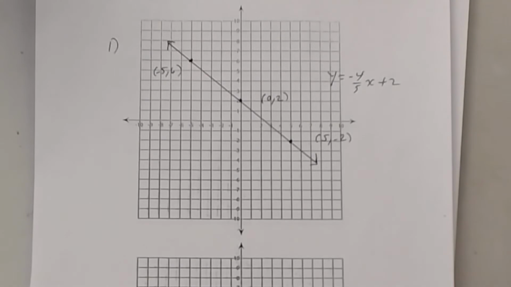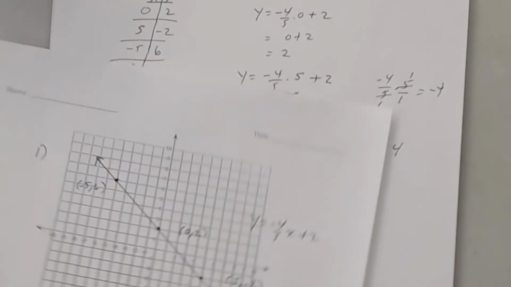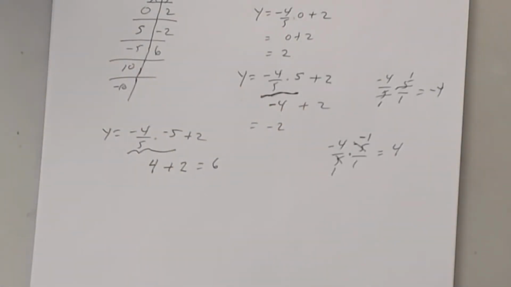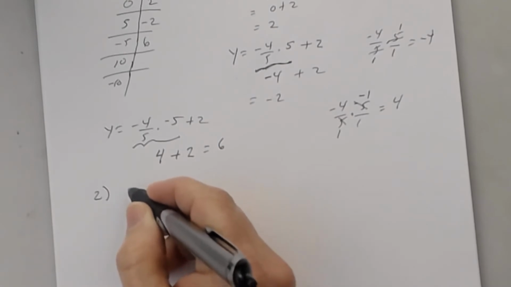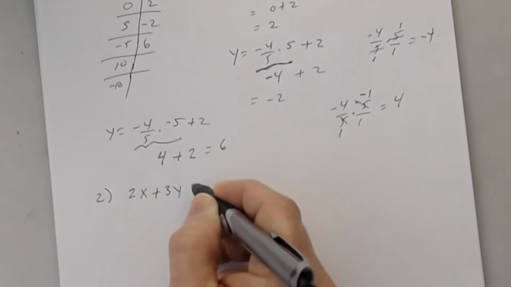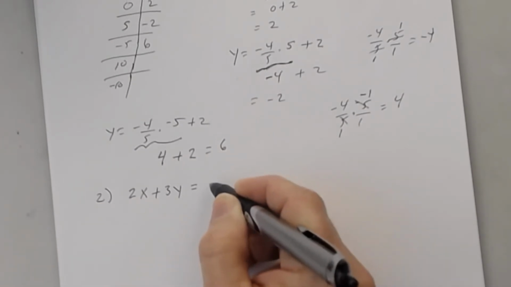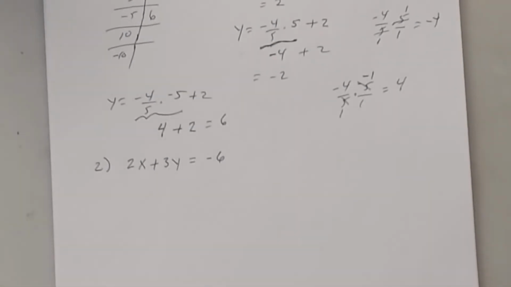Okay, now let's go to this one. So in the problems that we did, what letter was already by itself? Y. That's always the easy kind, when y is by itself. But it's not always going to be the case. So let's get this one. 2x plus 3y is equal to, let's say, negative 6. 2x plus 3y equals negative 6.